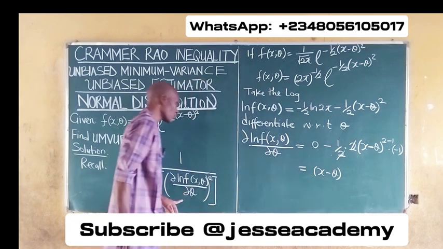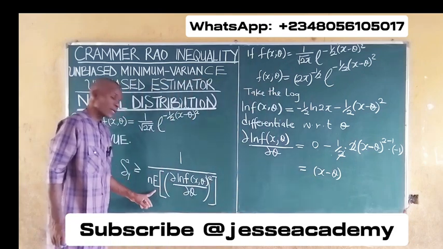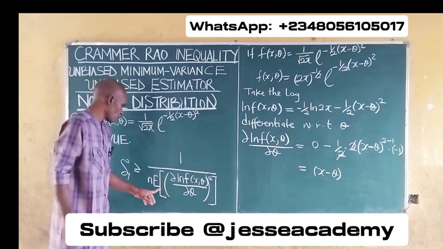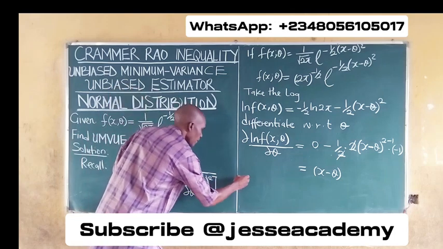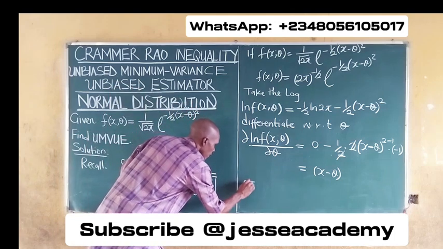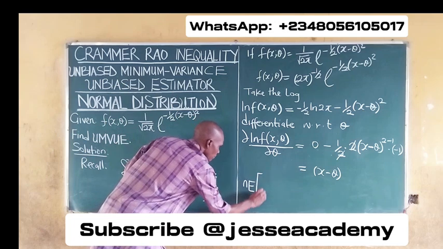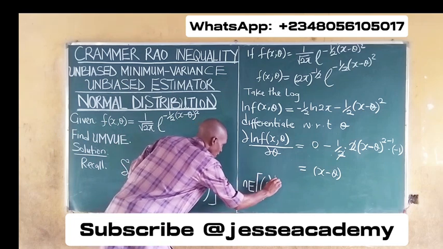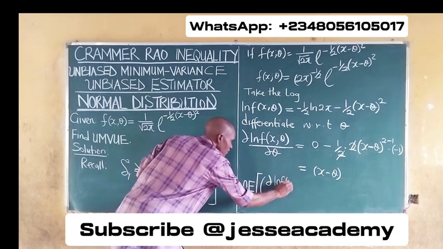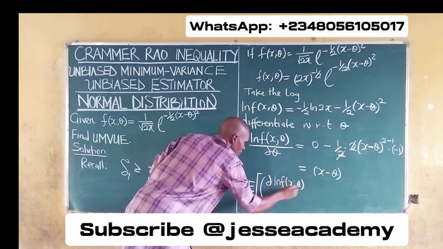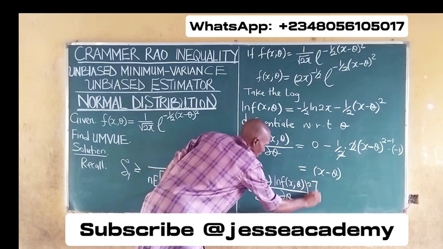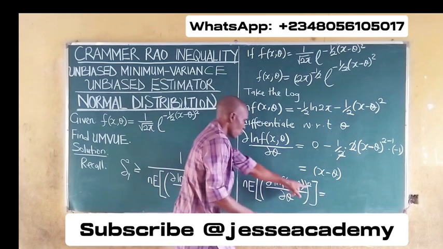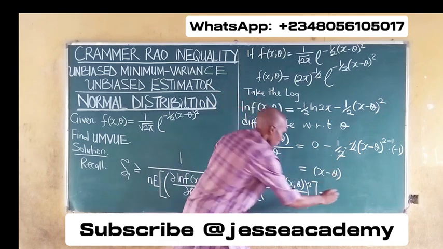So the next thing to do is to take our square. If we square that function, we'll also take our expectation. So we'll compare it with this. n, expectation of our differential ln of our given function with respect to theta, squared, into, now we are putting our square in here.